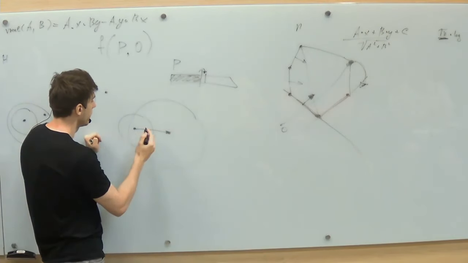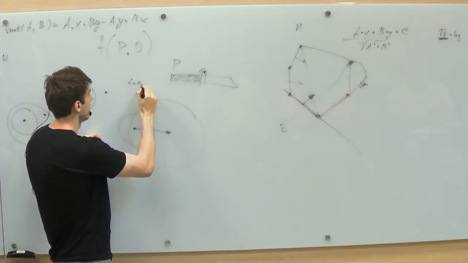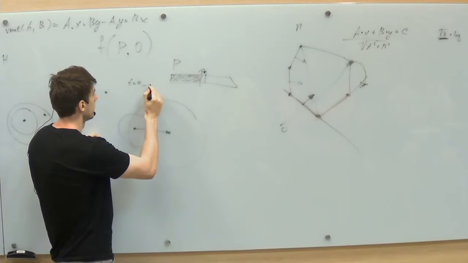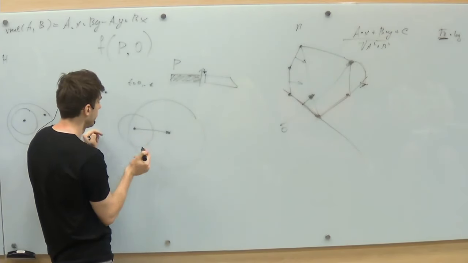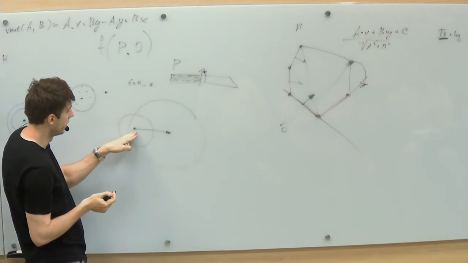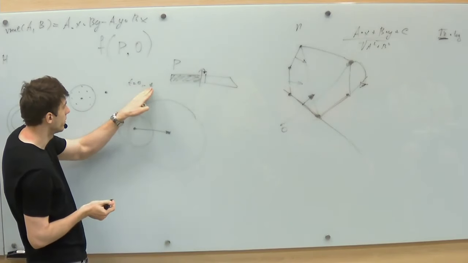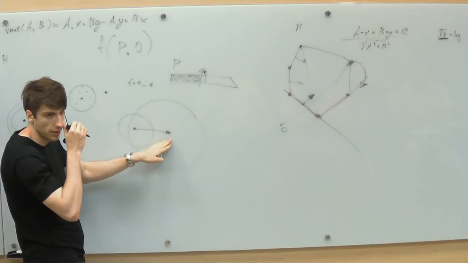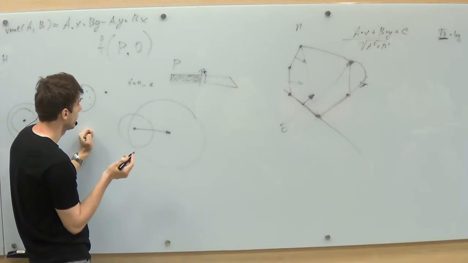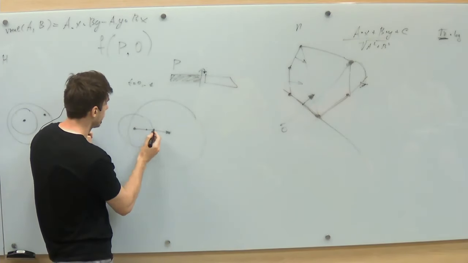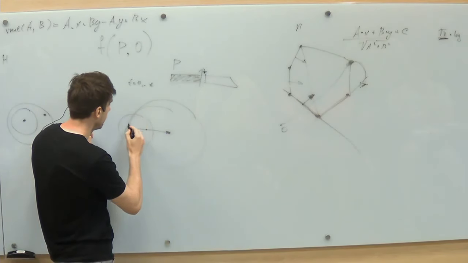More clearly, we define a time from 0 to 1, and at time 0 the circle looks like this, and at time 1 the circle looks like this. And what would be some circle in the middle?